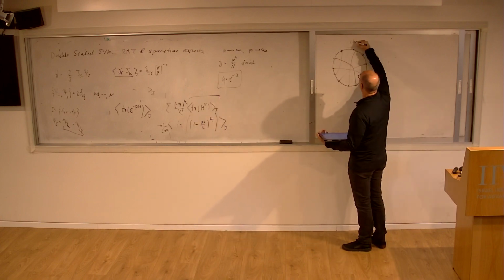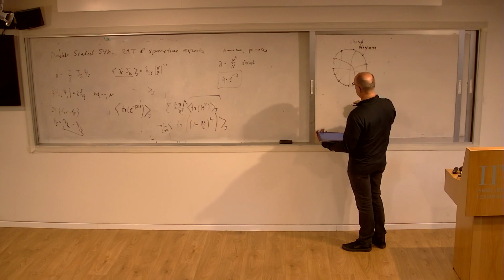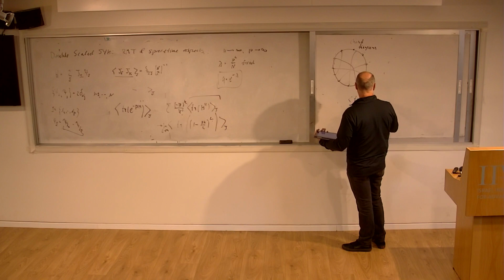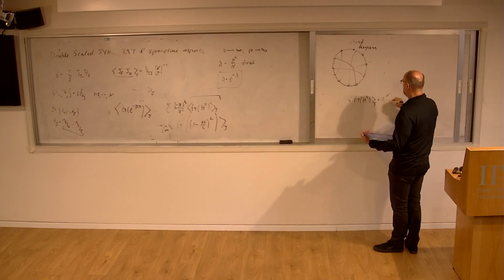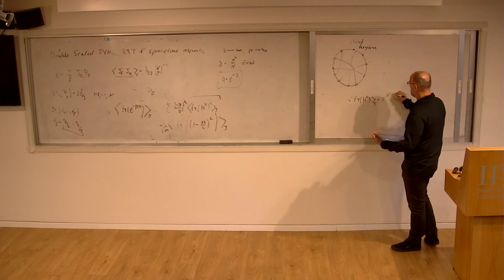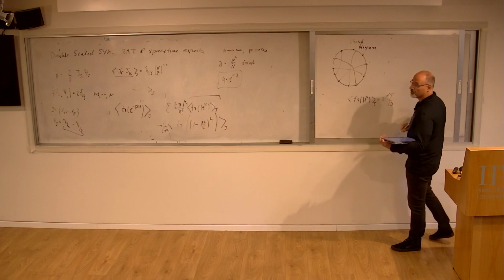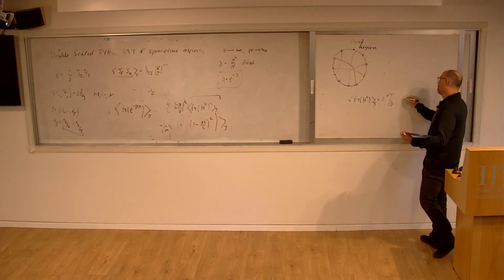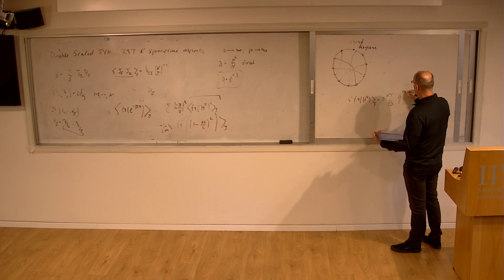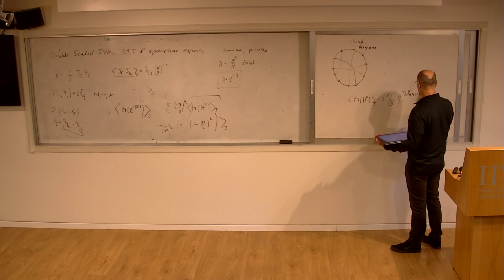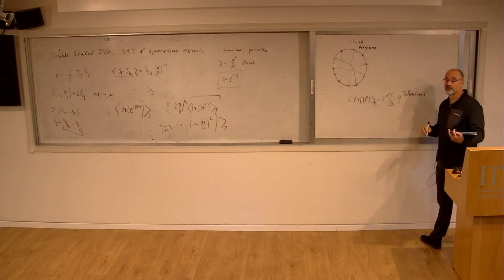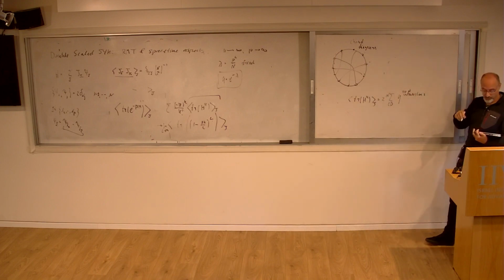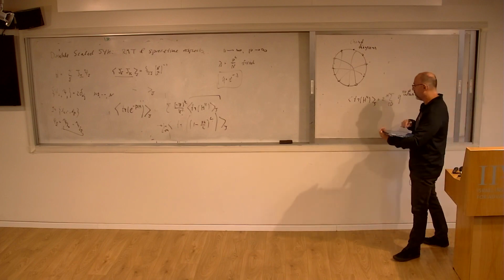This is a chord diagram. And then the trace of H to the k is 2 to the n, and then a sum over all the chord diagrams, which I denote by CD, q to the number of intersections. So this is a statement that is true in the large n limit in the double scaling.